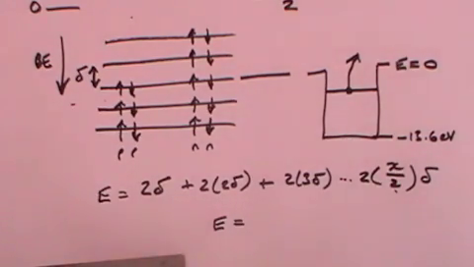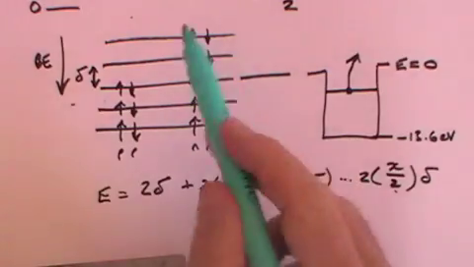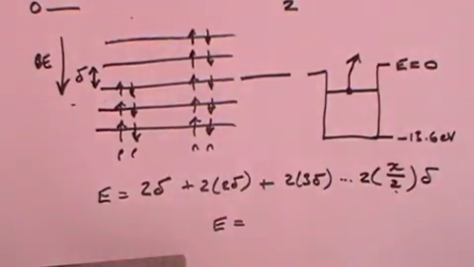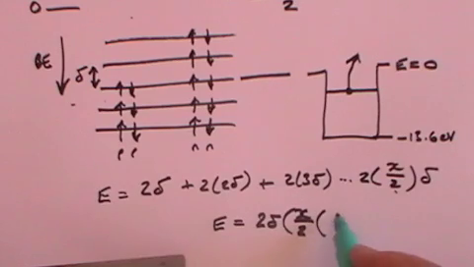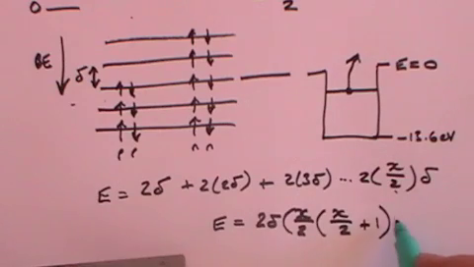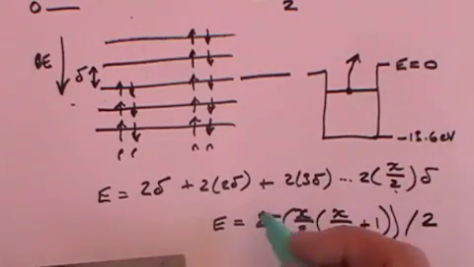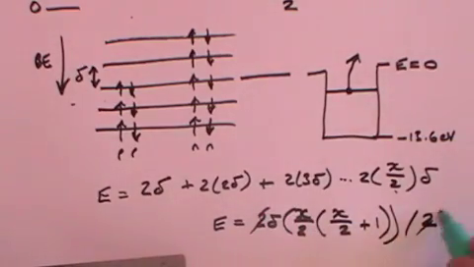That's the excess energy of the neutrons, because they're in this asymmetric arrangement: it is equal to 2 delta into x over 2 into x over 2 plus 1, divided by 2. That's the geometric series. Those two 2's cancel out.